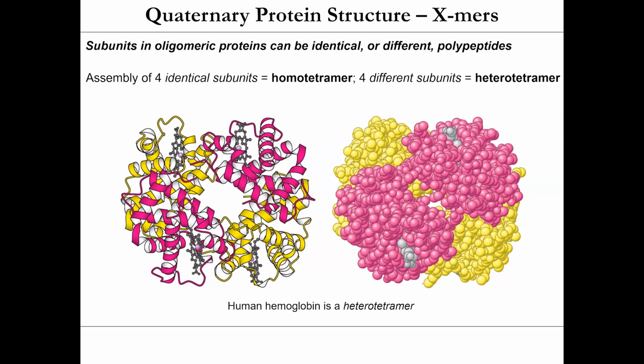And so the example that we looked at earlier of human hemoglobin: human hemoglobin is made out of two alpha subunits and two beta subunits, and so human hemoglobin would be a heterotetramer, so tetra for four and mer for multimer. So if there were four of the same identical subunits, it would be a homotetramer. And those naming conventions go on and on, the more subunits that are in your protein.